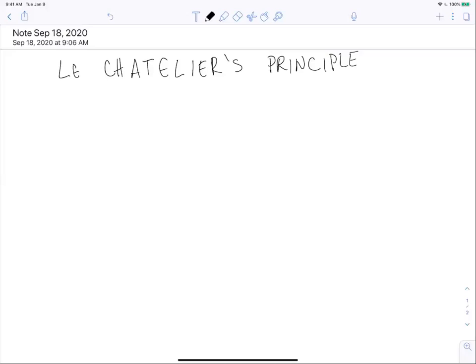And so it tells you things like, I think this is the reaction we were looking at. It tells you what happens if you add more. So you're at equilibrium, so the reaction's not changing.